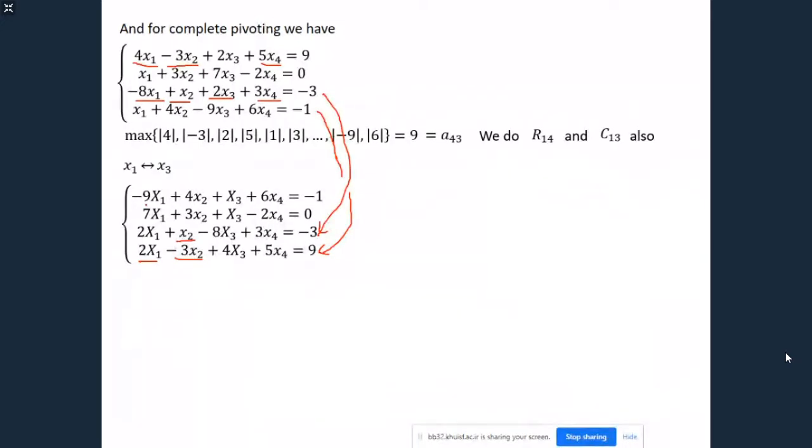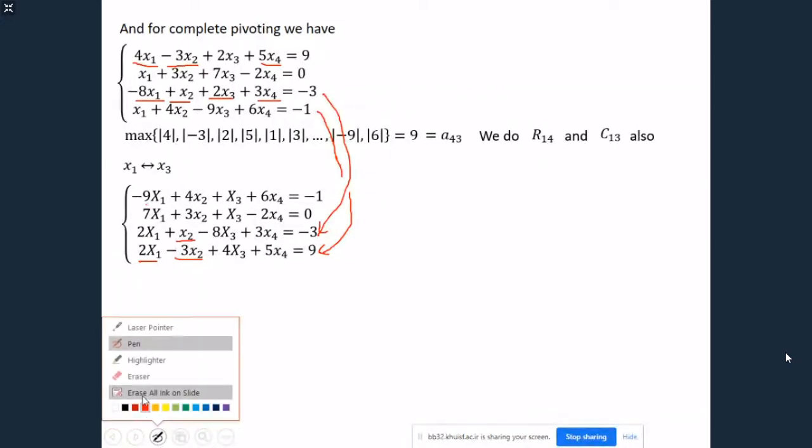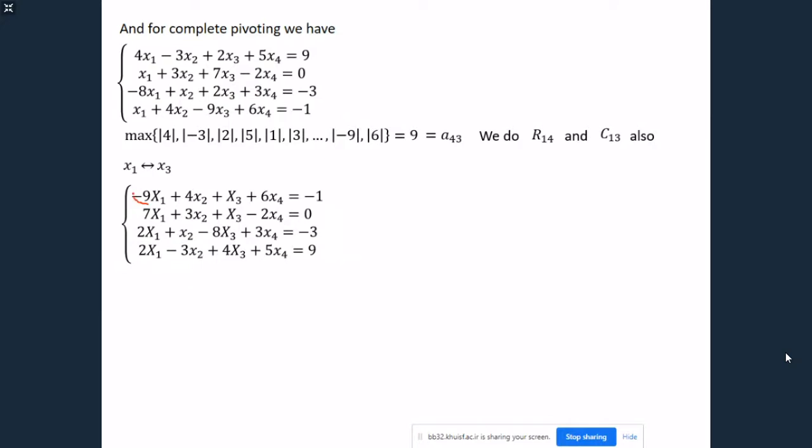So after that we have the maximum entry in the first row in the first place. It's the maximum of all coefficients.